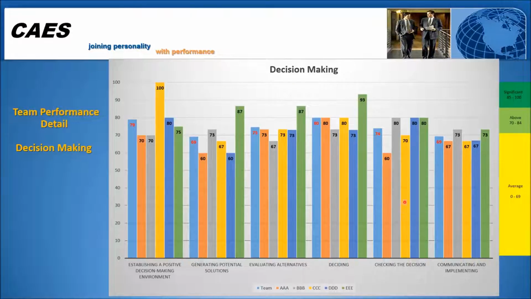Checking the decision can be an important thing. And again, with what I said about member B before, you would assume that maybe they don't check. So what I'm seeing is that they're very confident in their decision making, and perhaps come to an alternative relatively quickly, but they will check afterwards.